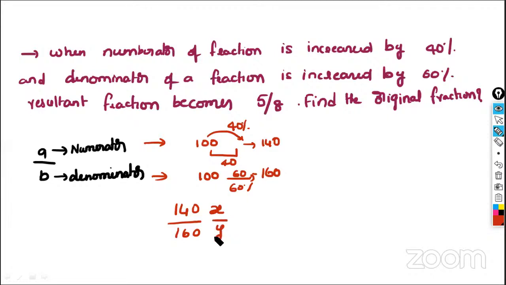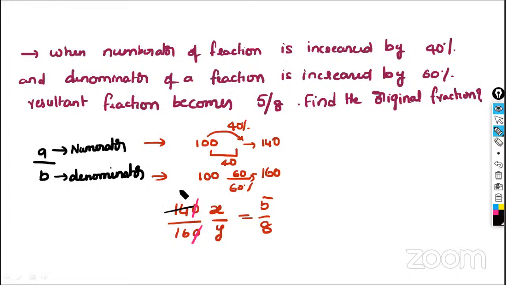Then x by y. Why x by y? I have to take the original fraction value, which I don't know, so I take x by y. It is equal to what was given after increasing, 5 by 8. Simple cancellation, no need to do heavy calculations. The zeros will be cancelled.